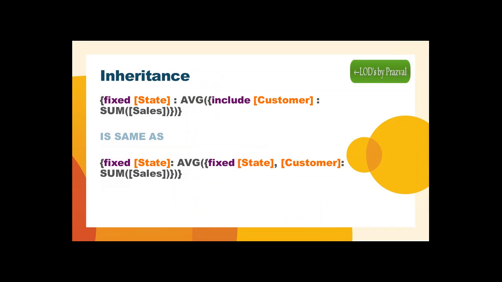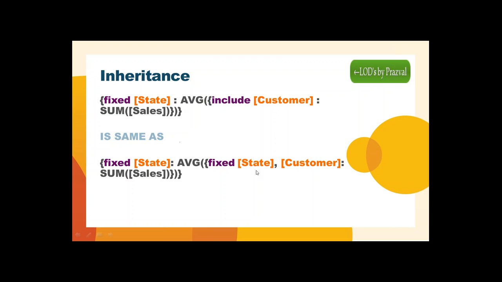So if you see here, for example, I'm having two LOD expressions. The inner LOD includes customer, sum of sales. At the view, you take any dimension. Let's say, for example, at the view I'm having state. If you take state, this include is going to use state-wise, customer-wise sum of sales, and the outer LOD is going to fix at the state level.